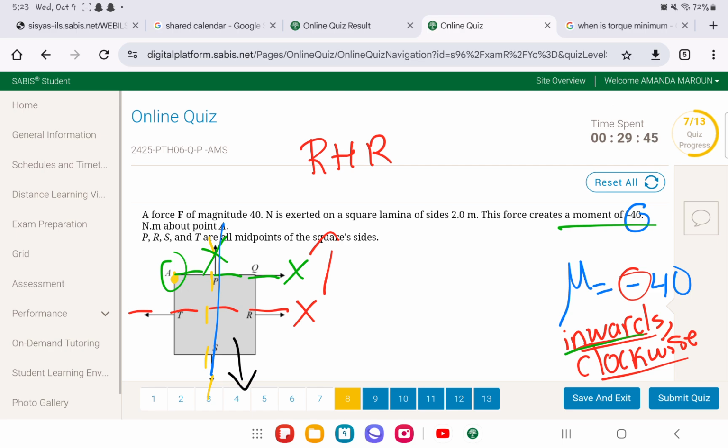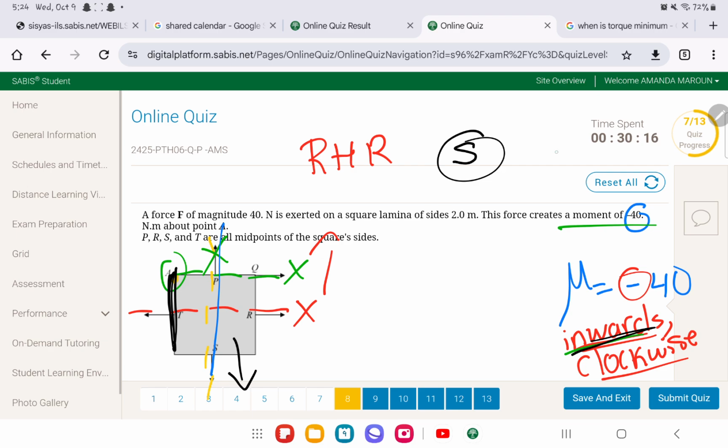So if we put our fingers in this direction, and we put our palm towards where the axis is facing, this side, you will notice that our thumb is pointing inwards, and we need it to point inwards. So one possible value is S. S is possibly the force that made this moment.